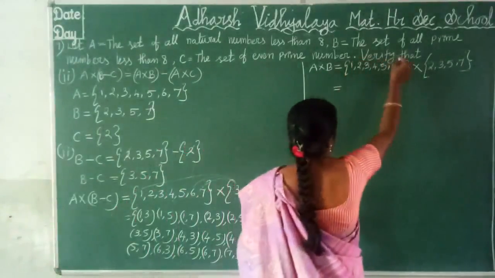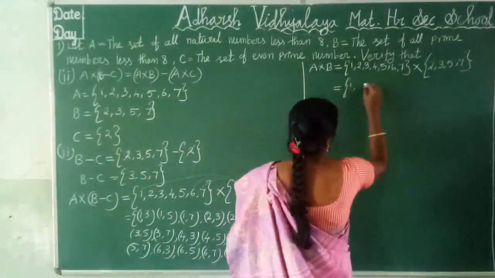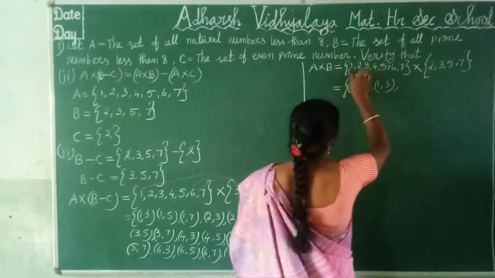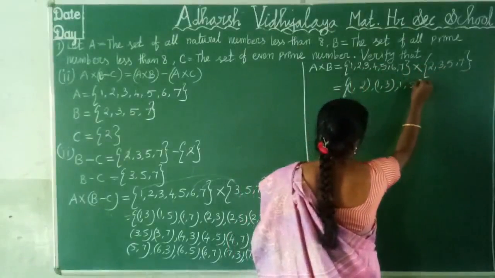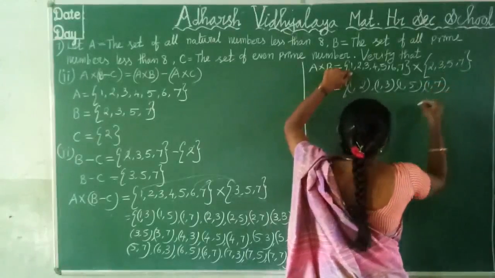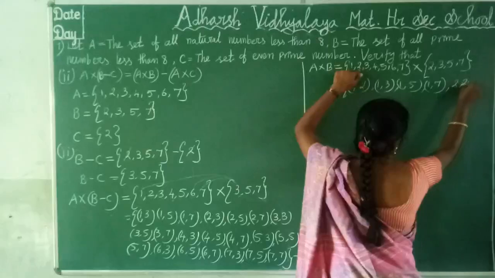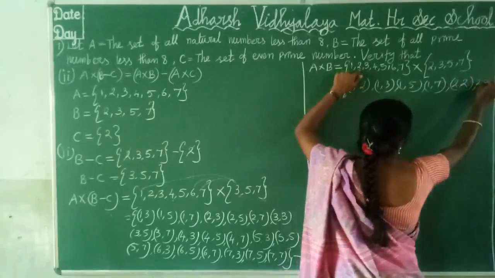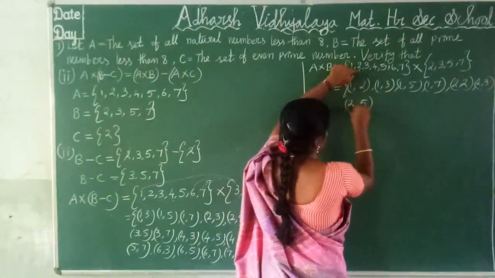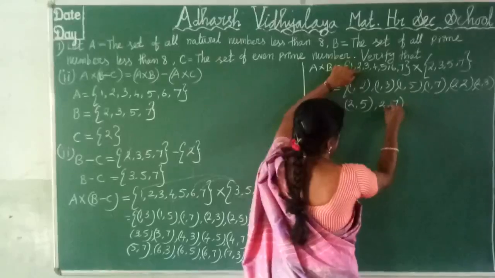First we take 1: (1,2), (1,3), (1,5), (1,7). Next we take 2: (2,2), (2,3), (2,5), (2,7).